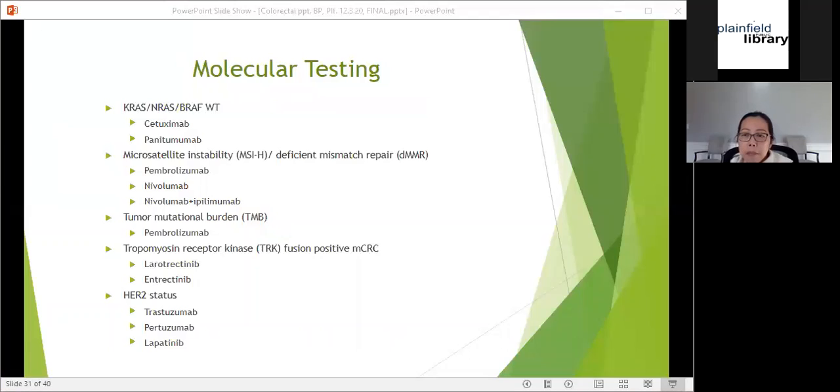If the patient has microsatellite instability or mismatch repair deficiency, immunotherapy can be used. High tumor mutation burden is also an indication for immunotherapy. We have a targeted therapy for colorectal cancer with a positive tropomyosin receptor kinase fusion. For HER2 positive patients, anti-HER2 treatment also can be used. Next, please.